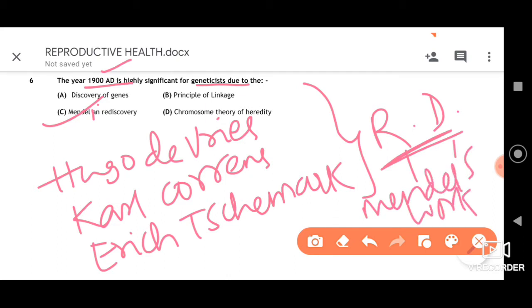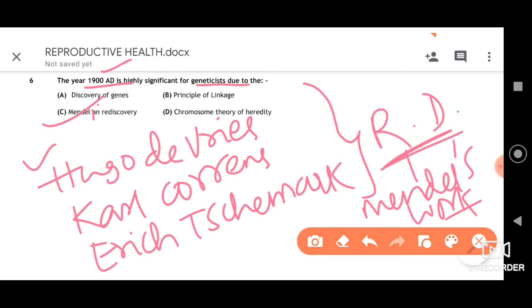This paved the way for more research in genetics and on Mendelian genetics as well, and laid the foundation for modern genetics. That is why 1900 AD is highly significant for genetics, and it can never be forgotten.